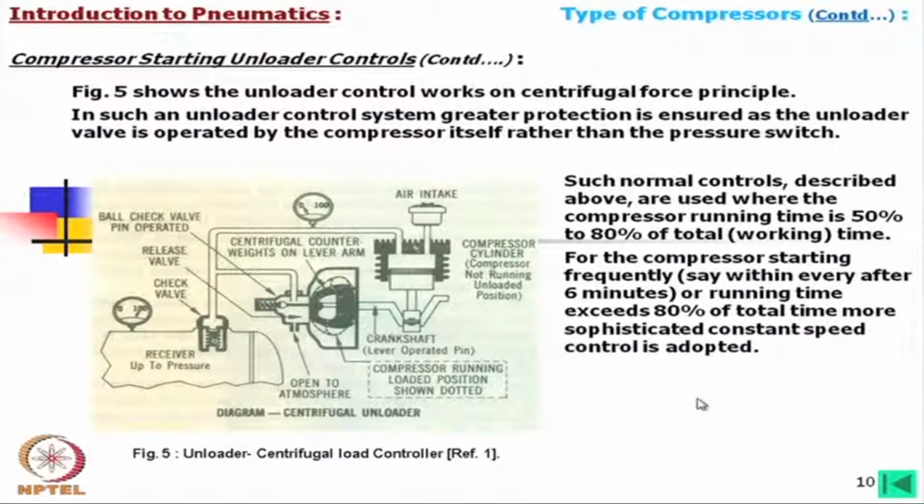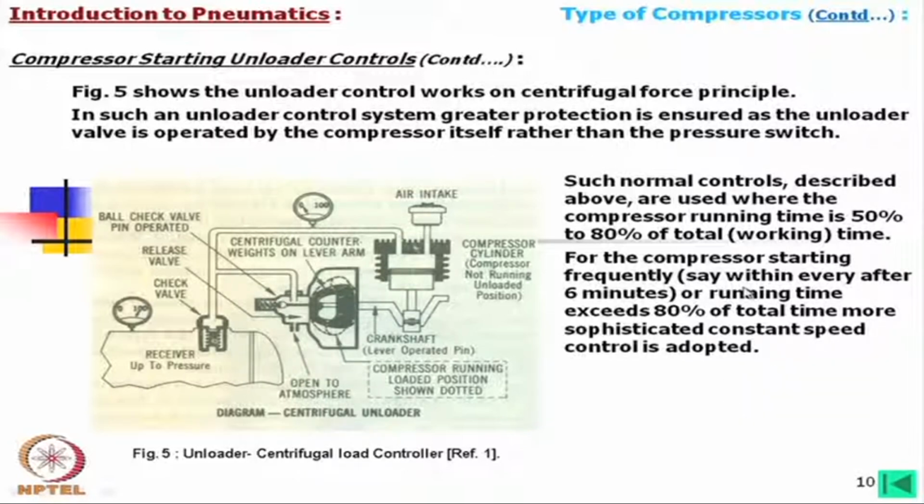Now, for the compressor starting frequently, say within every 6 minutes, or running time exceeds 80% of total time, a more sophisticated constant speed control is adopted.